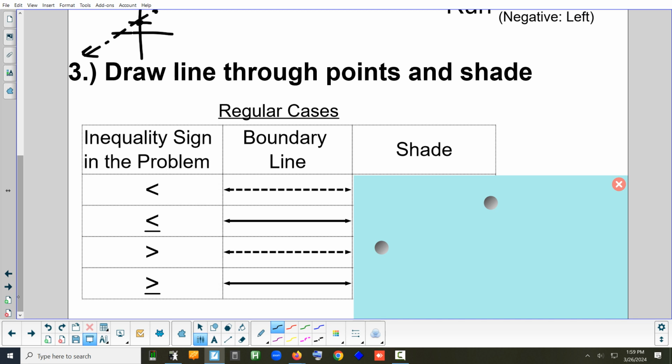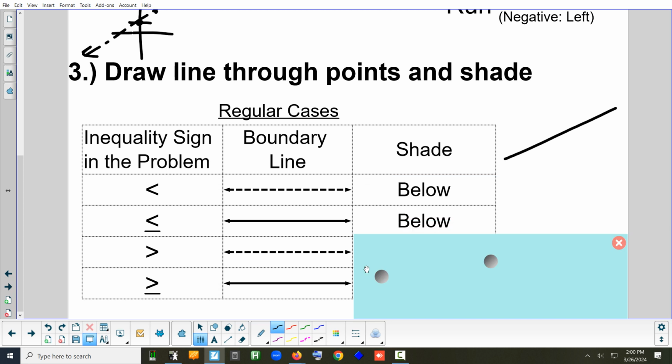All right, and now the shading. Well, when you draw a line, with the exception of a vertical line, you have an above and you have a below. When you think of the word less than, these first two, do you connect the word less than with something being below? Or when you see less than, do you think that means above? Yeah, less than. Like if something's less than something, it's smaller, it's below.